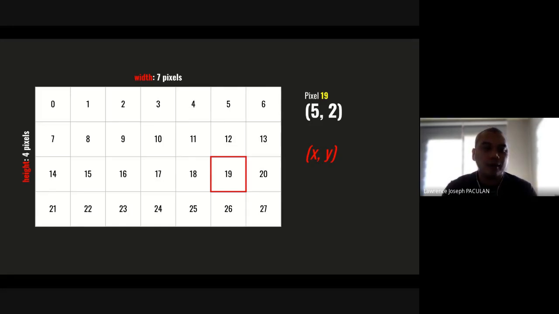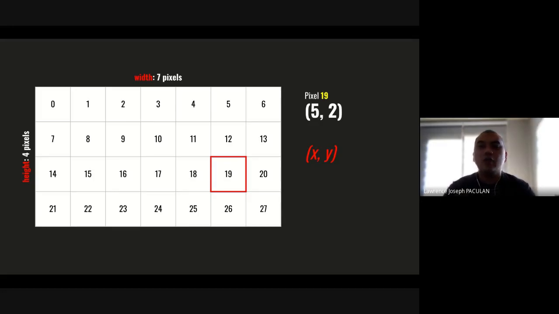That is convenient for you, and then create a program for this. So given this, what do we have as information? We have height, we have width, we have x, and the value of y.